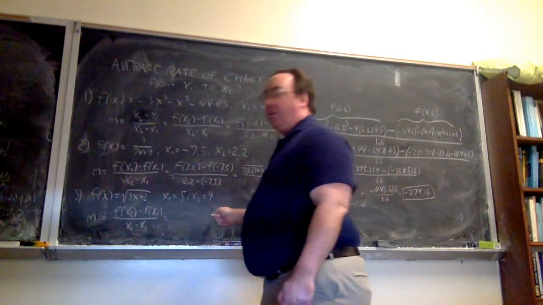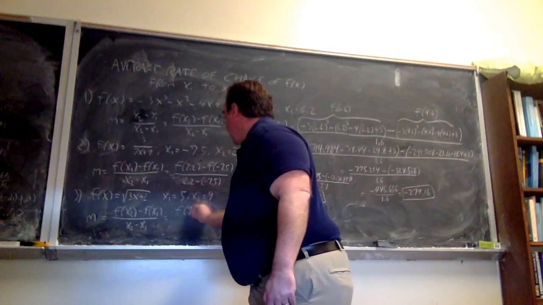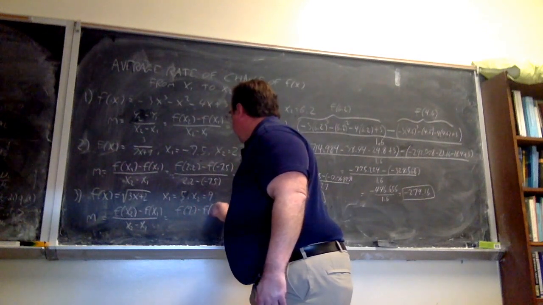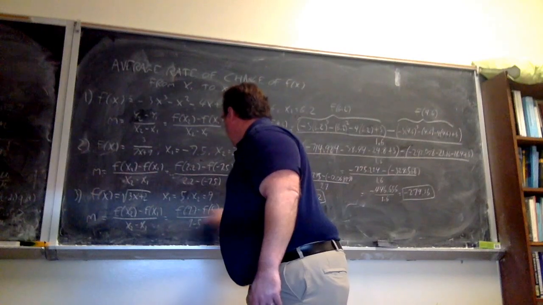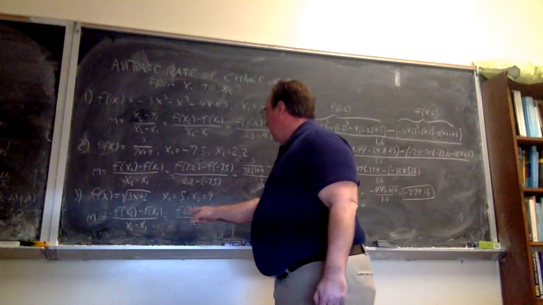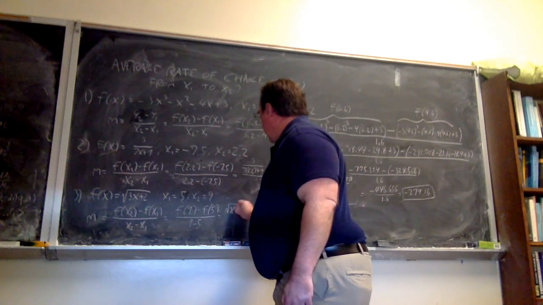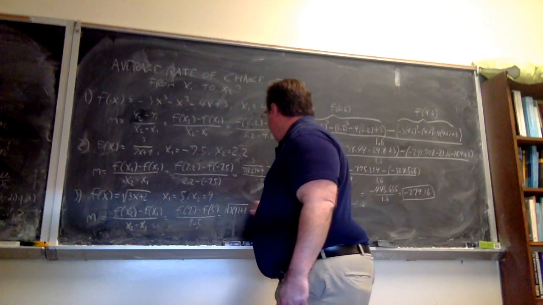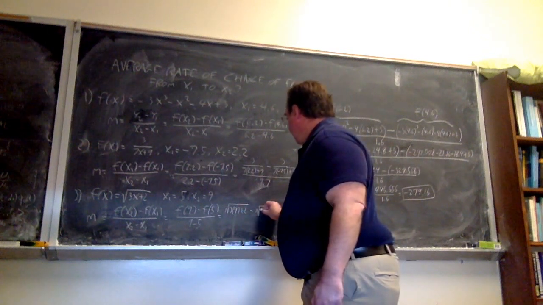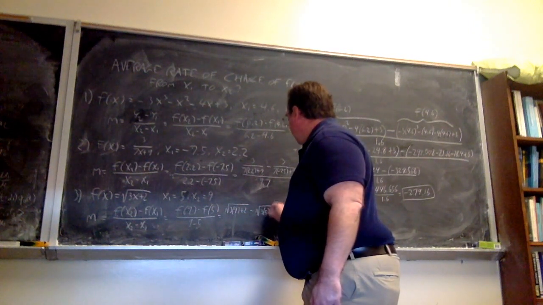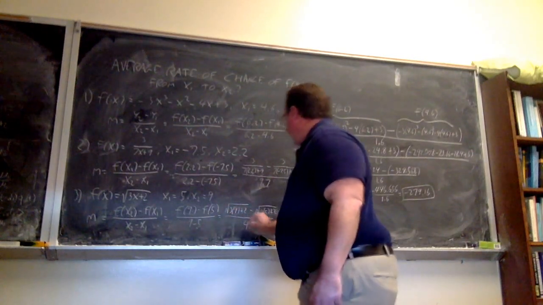So let's fill in our x values. So I have f of 9 minus f of 5 over 9 minus 5. So f of 9 is the square root of 3 times 9 plus 2. And then minus f of 5, which is the square root of 3 times 5 plus 2, all over 9 minus 5, which is 4.